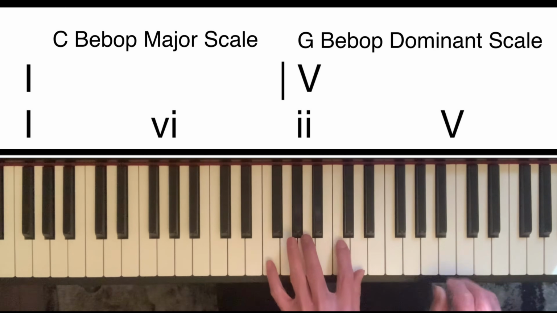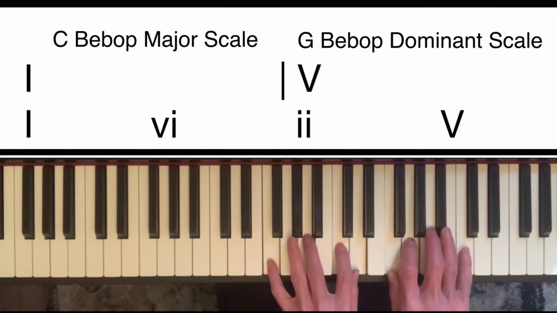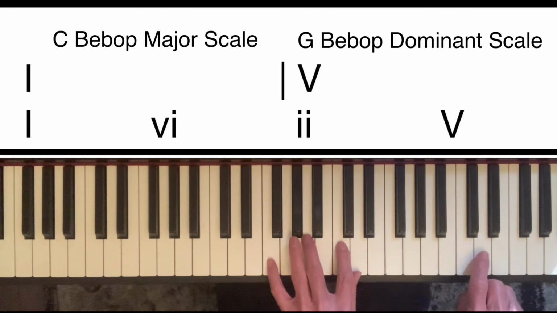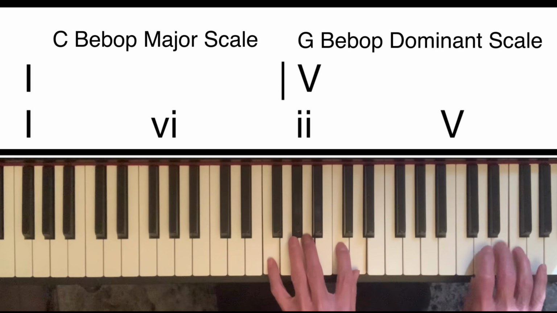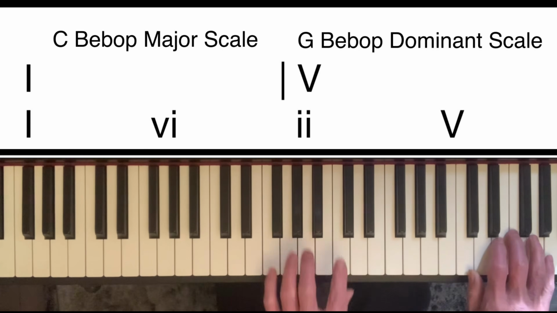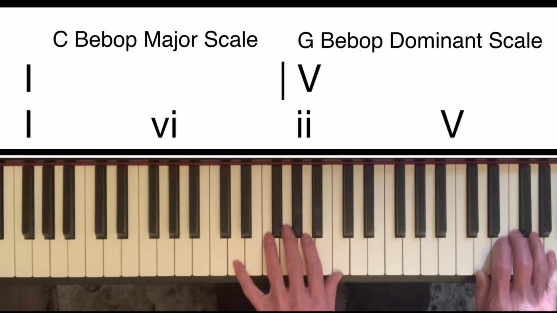Why don't we use a bebop major scale starting on F? There, I've put the chromatic passing note in between the 5th note of an F major scale. Okay, well, if you did that, let's say you're going from D minor 7 to G7 and you did a little passage like this.